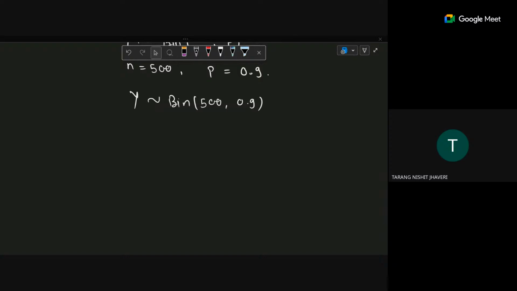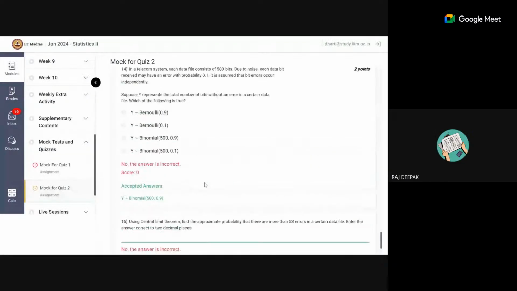Ma'am, option 1 also can be correct, isn't it? Bernoulli? No, it's not a Bernoulli. Bernoulli is a distribution whose outcomes are two only, either yes or no kind of things. Just check what the random variable is denoting.